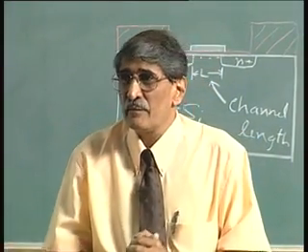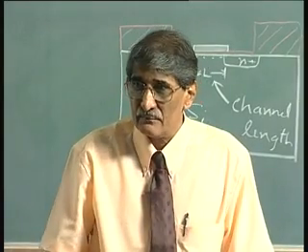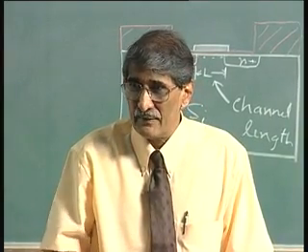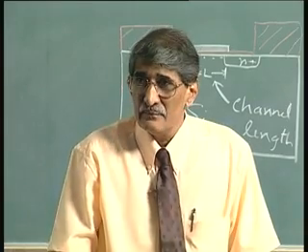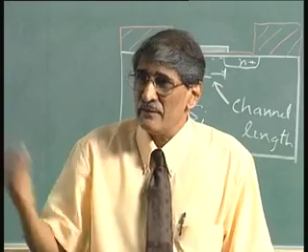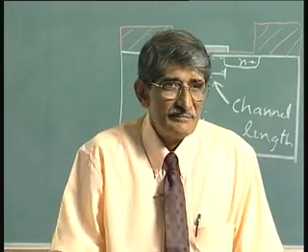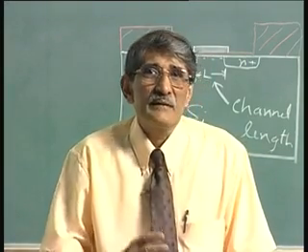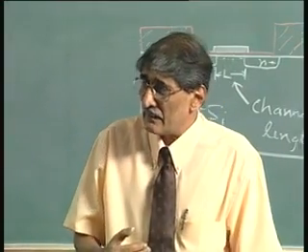Silicon has an electron mobility of 1500 centimeter square per volt second, 1500. Germanium has almost double, 3000, but you do not look at germanium. Why? Band gap. The band gap is 0.72, which makes it leaky. It prevents you from operating at higher temperatures.